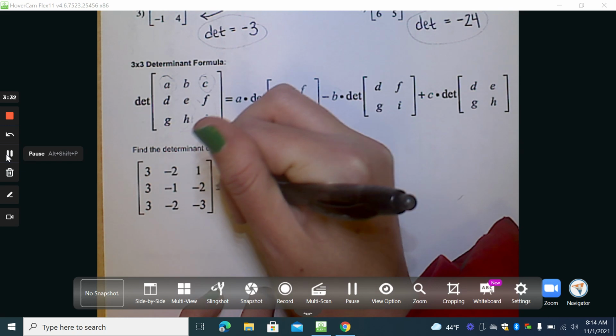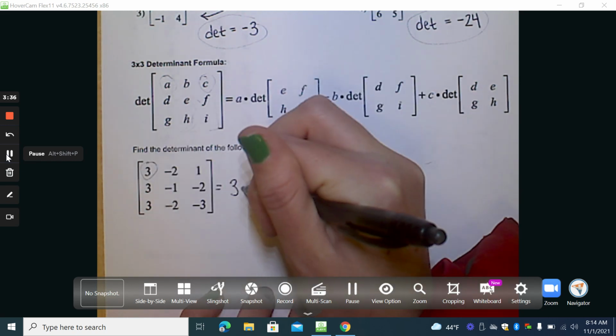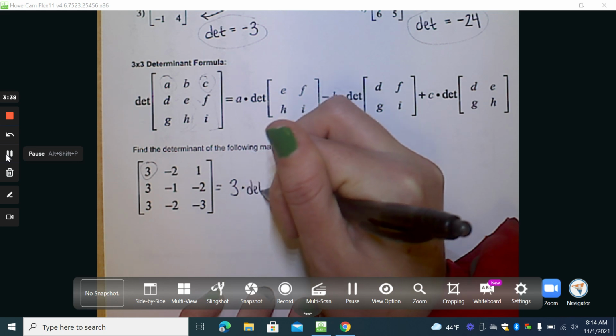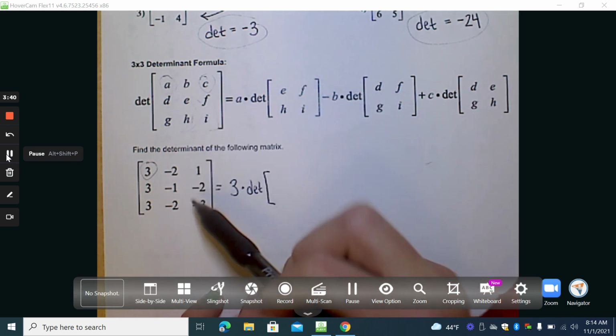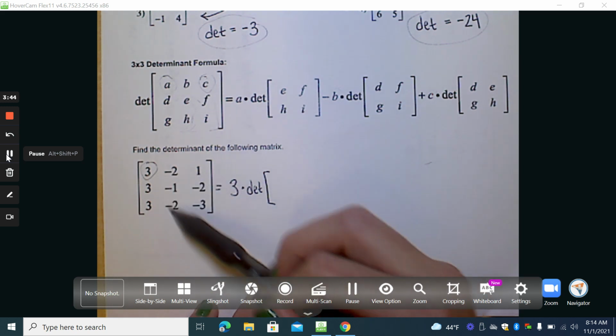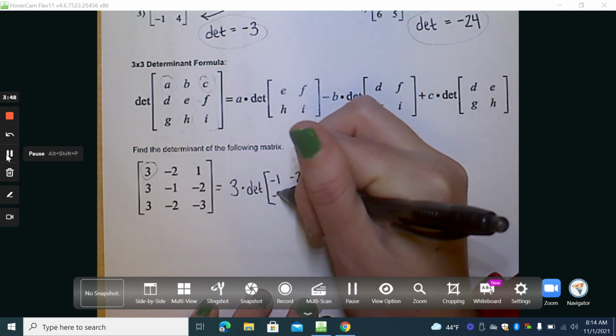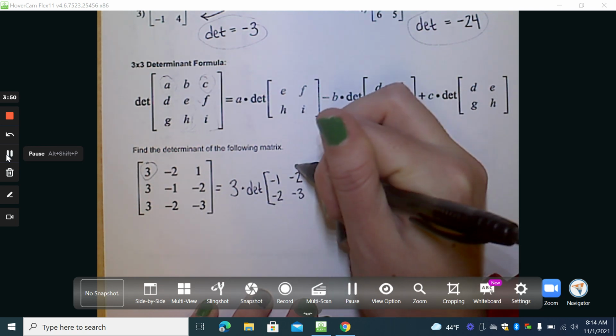I'm going to start off with my first number, 3, and multiply it times the determinant of a matrix made up of the numbers not in the same row or column. So that would be these 4 right here: negative 1, negative 2, negative 2, and negative 3.